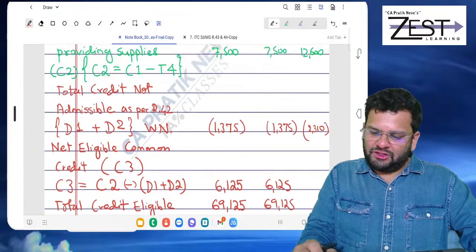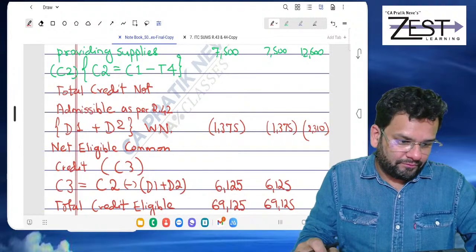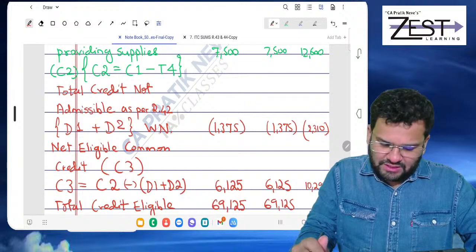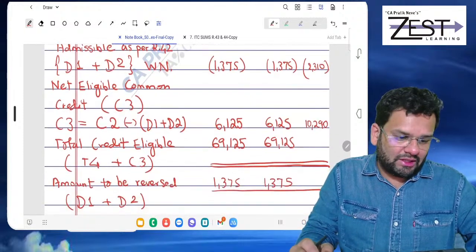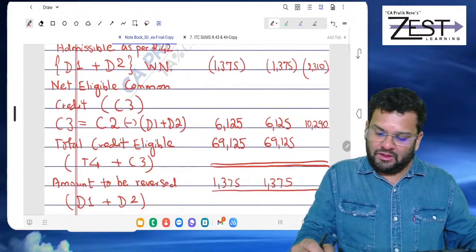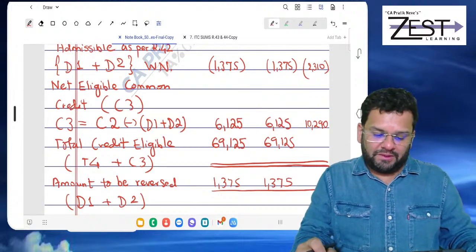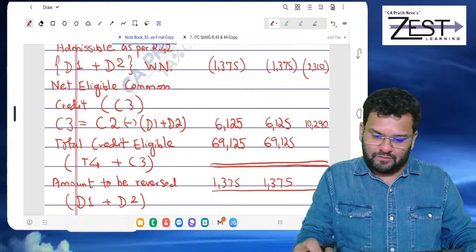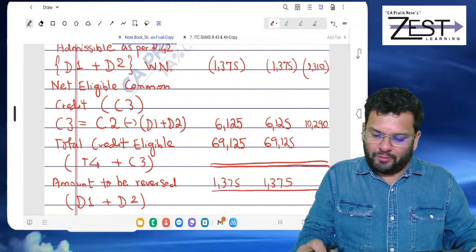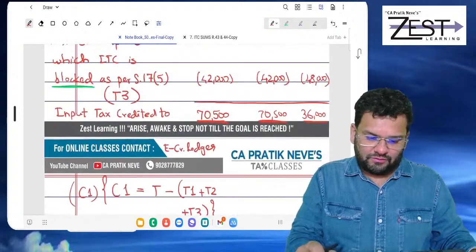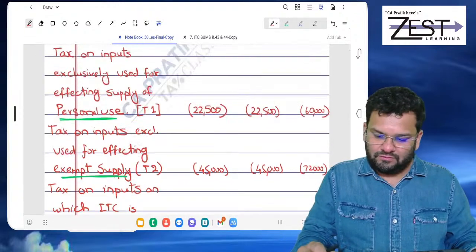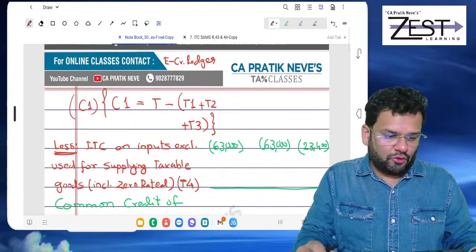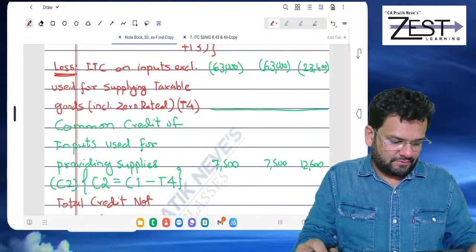So is net eligible common credit 10,290, and what is total credit eligible? So total credit eligible will be your common credit, which was 23,400 plus this.